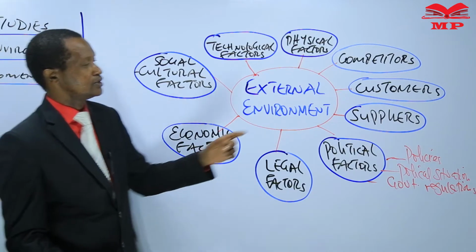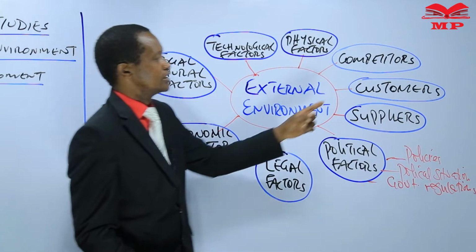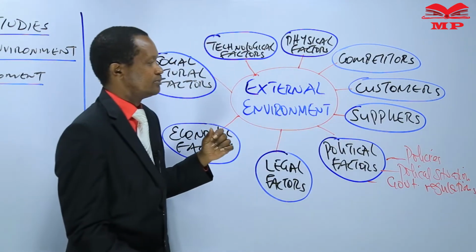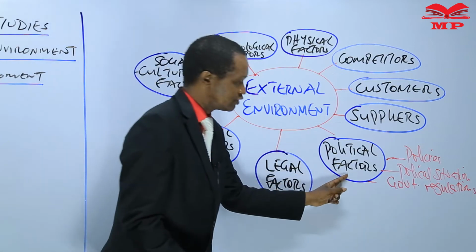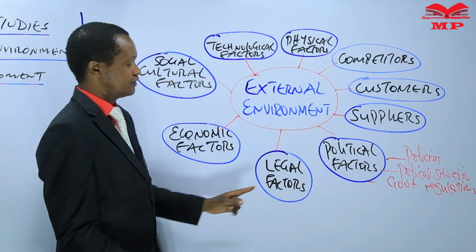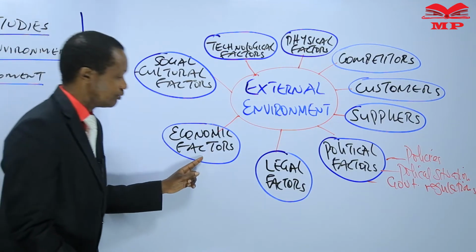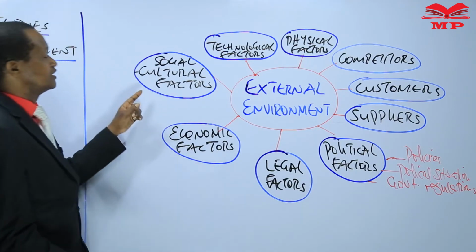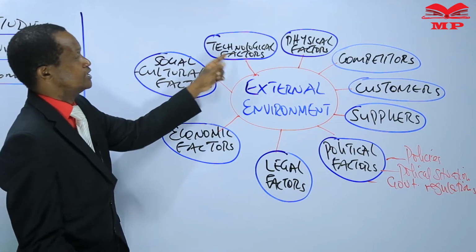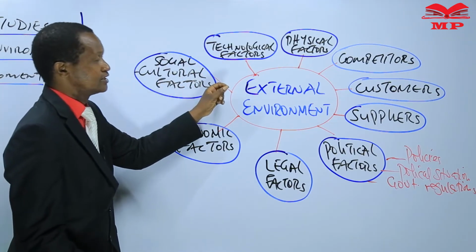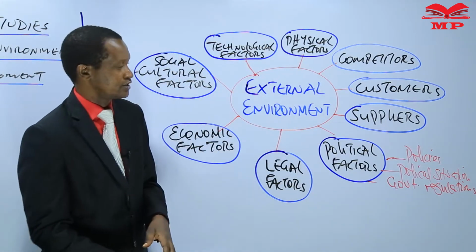So the first one is competition. Number 2, customers. Number 3, suppliers. Number 4, political factors. Number 5, legal factors. Number 6, economic factors. Number 7, sociocultural factors. Number 8, technological factors. Then lastly, number 9, physical factors.